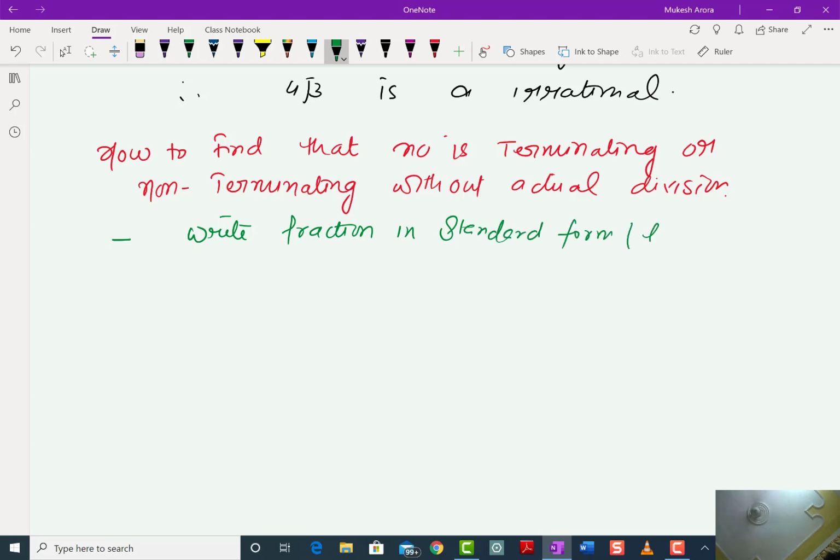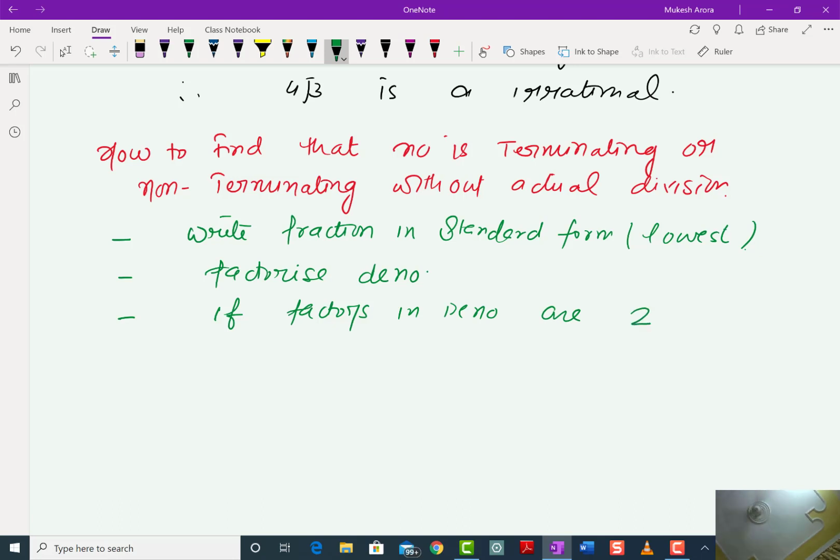Standard form means the lowest form. Then factorize the denominator. If the factors in the denominator are 2, all 2's, or 5, or a combination of 2 and 5 only, then it is terminating.